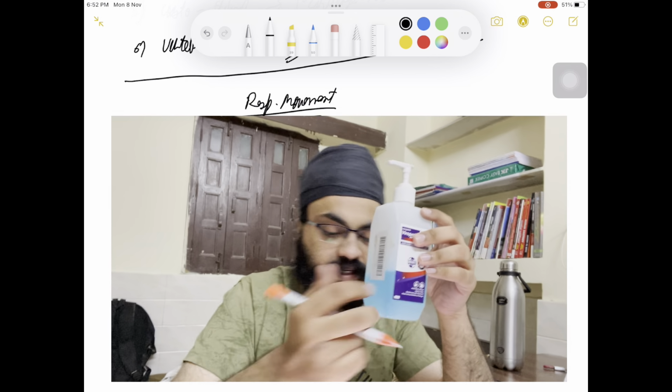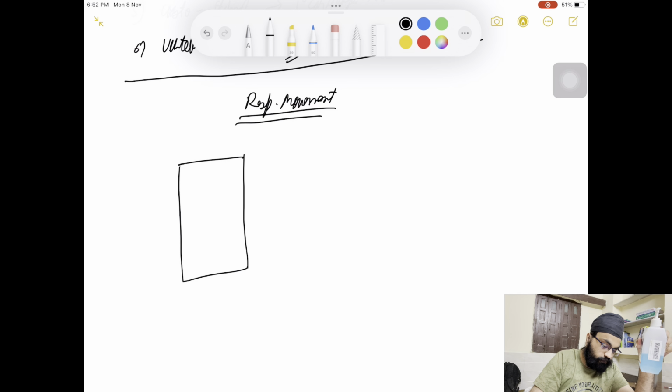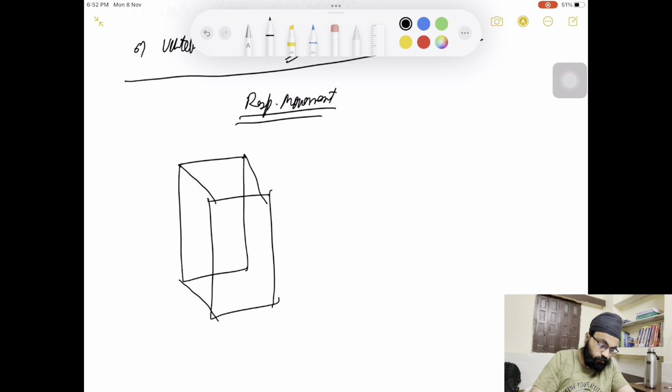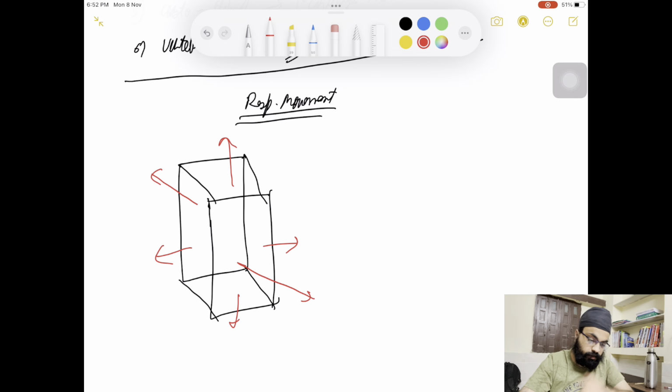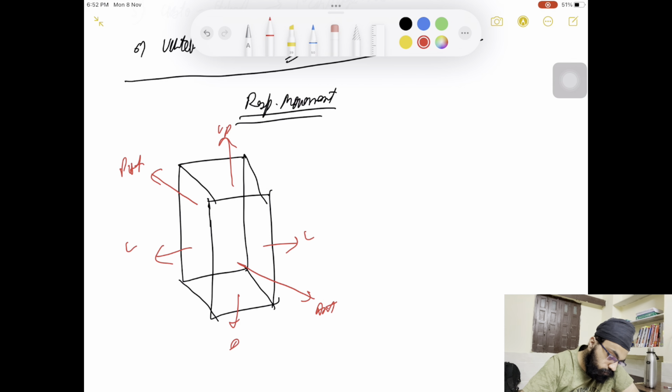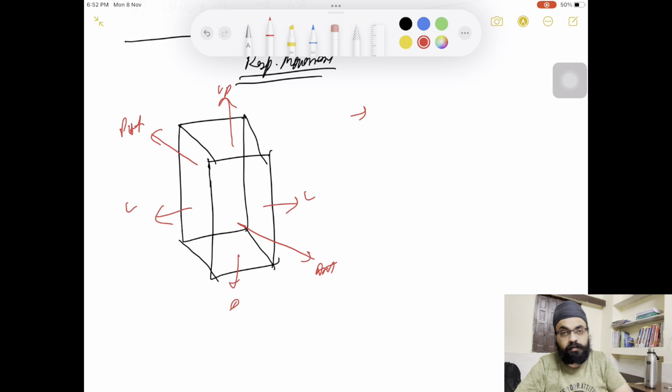So you can imagine that it is like a cube, and it can be extended upwards, downwards, left, right, anterior, posterior.